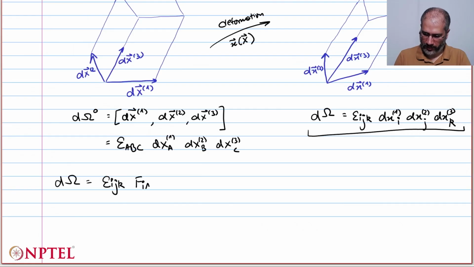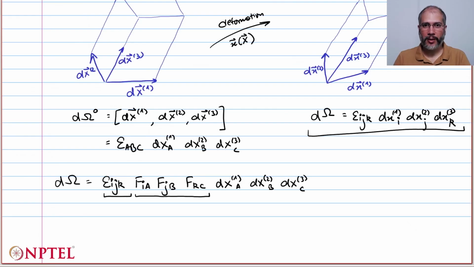So this becomes Fia, Fjb, and Fkc, and then I write the d capital X 1a, d capital X 2b, and d capital X 3c. And again we can see that epsilon ijk times Fia, Fjb, and Fkc is nothing but epsilon abc times the determinant of F, which is the Jacobian.